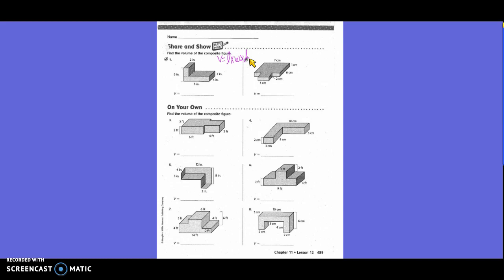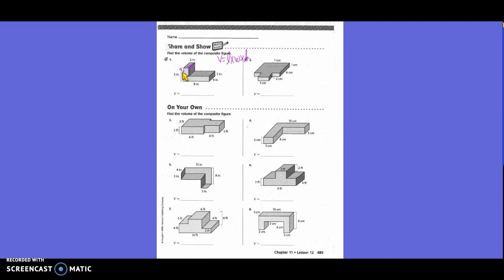So what's this right here? Just look over here. What's our width? 4. 4. Okay? And then this says that this little part is 2, so what would this part be right here, guys? 3.